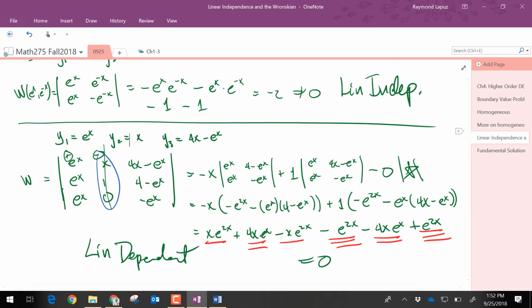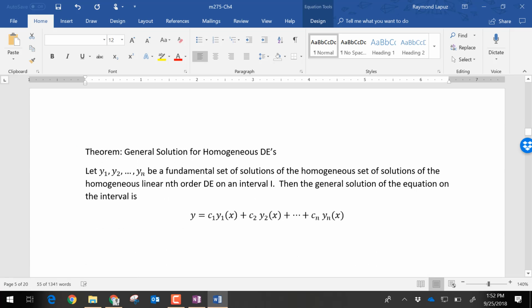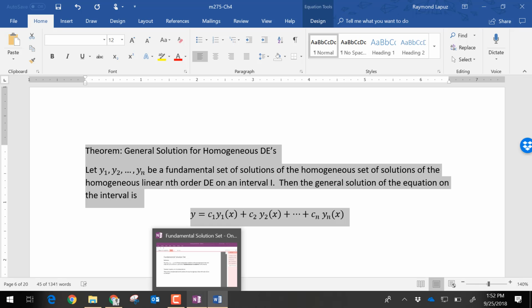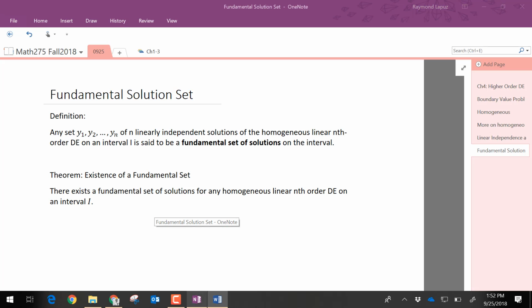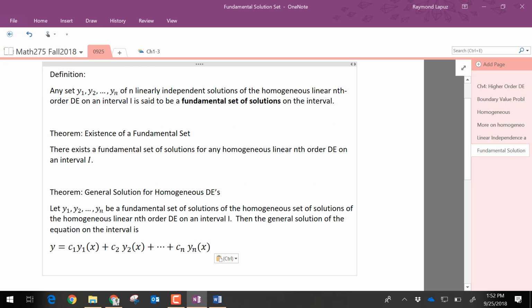Okay, hopefully, because our next piece of information is coming. The general solution for our differential equation is going to be the linear combination of those fundamental solutions. Sounds all technical, huh? So the whole point here is to come up with a general solution for your homogeneous differential equation.